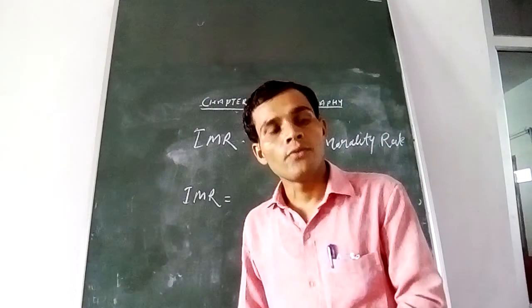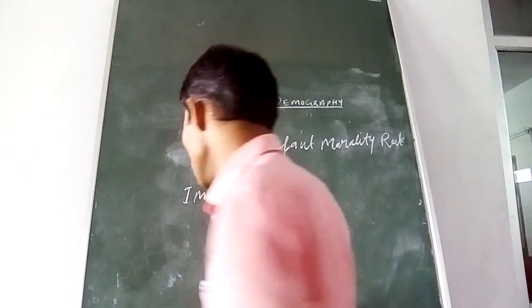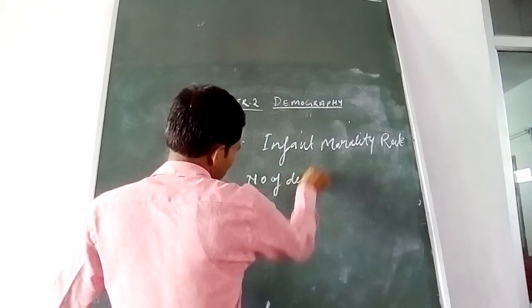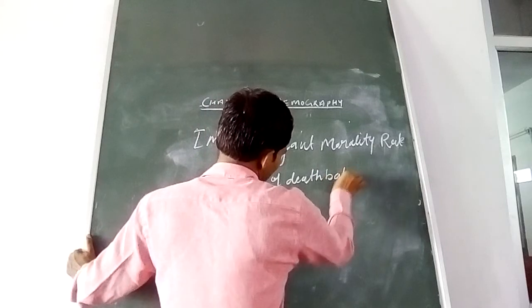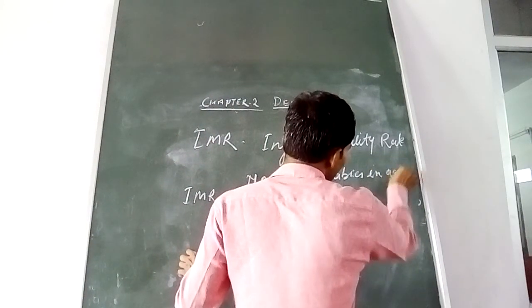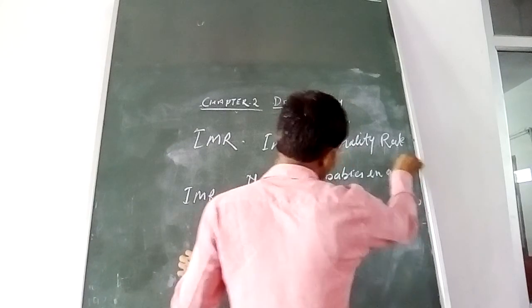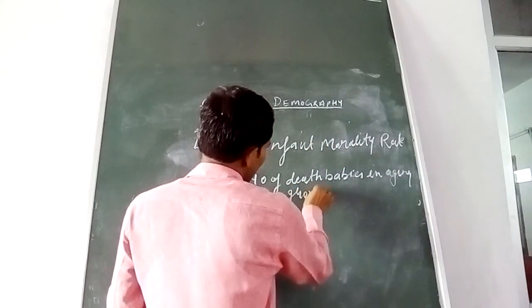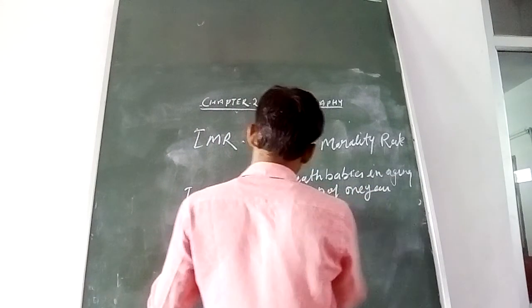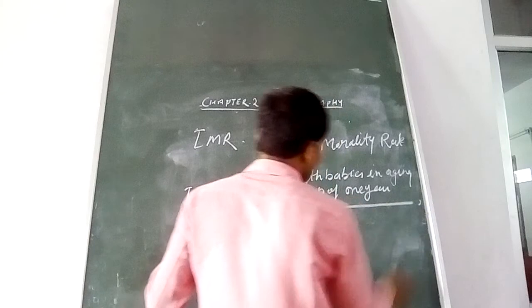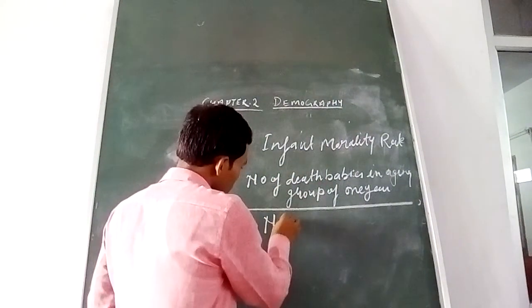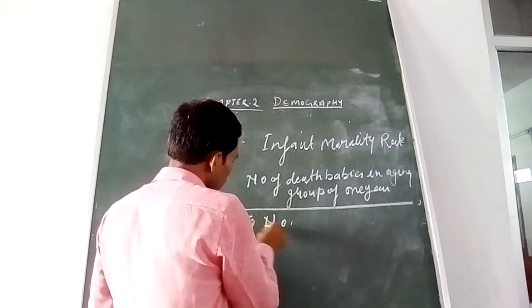and we also calculate the number of dead babies in the age group of one year upon the total number of live births.